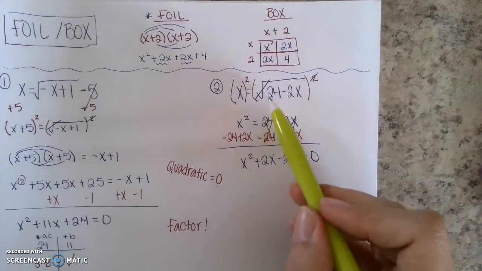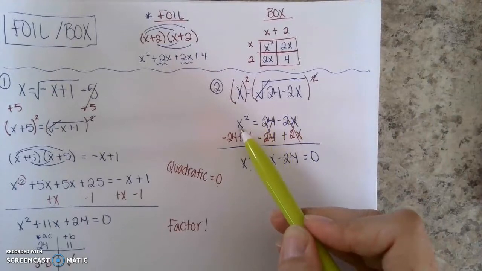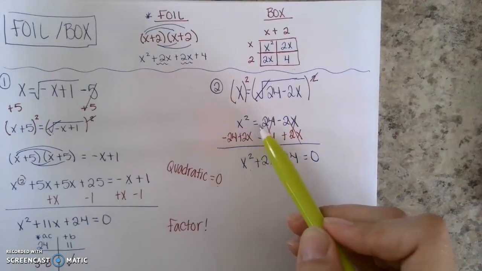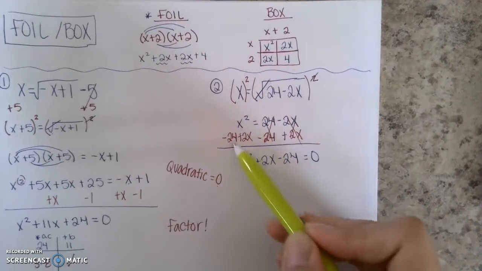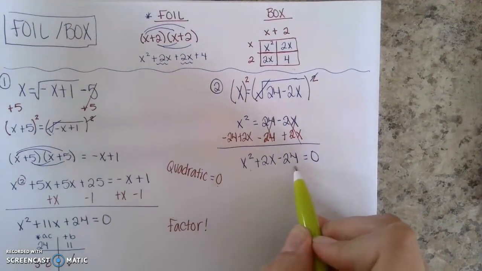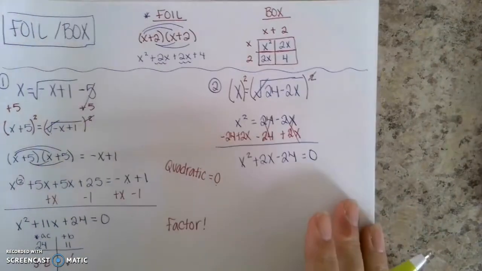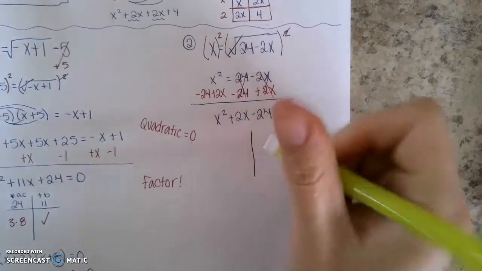So again, one more time, I undid my radical by squaring both sides. Recognized that I had a quadratic, so I knew I needed to get it set equal to 0. So I moved my terms towards x squared, got to my quadratic here where we're set equal to 0. Now I can go ahead and jump to our step where we can factor this.